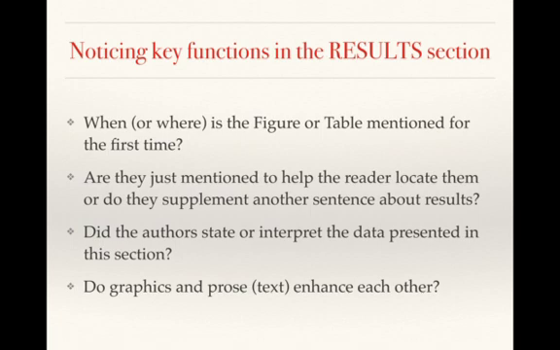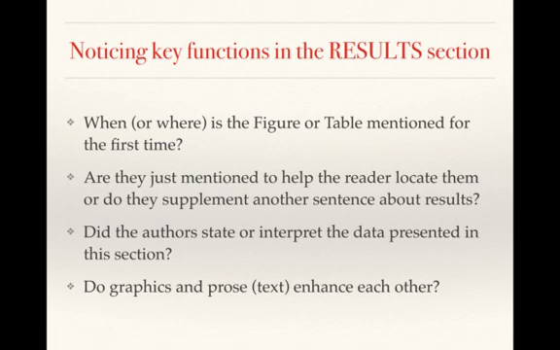Remember to refer to graphics before actually guiding readers through the results in the text. And avoid dangling graphics, that is, graphics that are included in a paper but never mentioned in the text. So the story is told using both text and graphics, typically tables and figures.